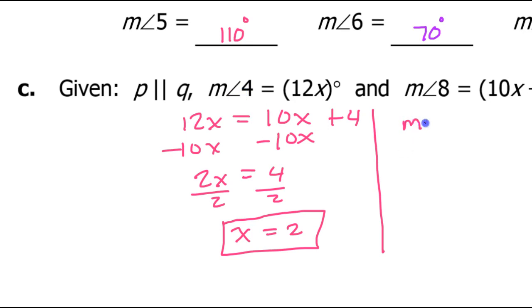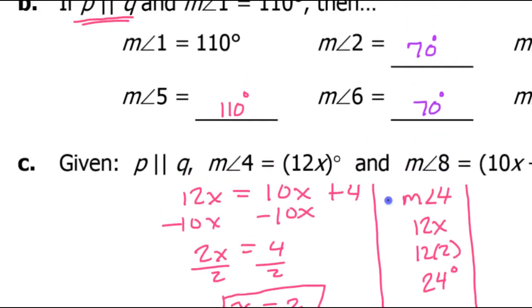The measure of angle 4 is 12x. Now we know that x is 2, so that means 12 times 2, which is 24. So the measure of angle 4 is 24 degrees.